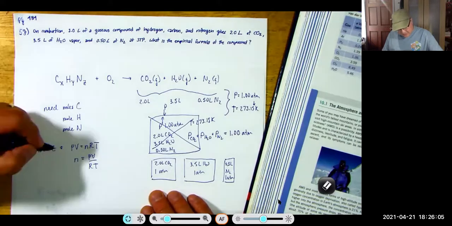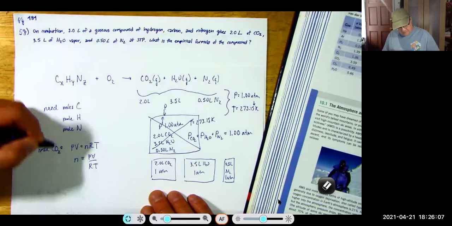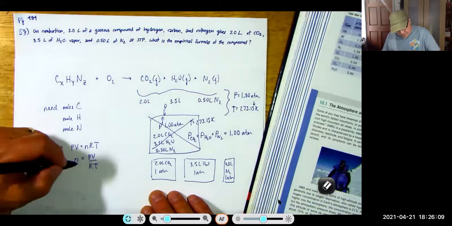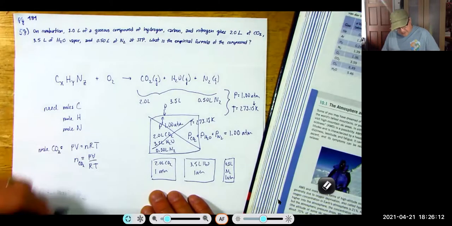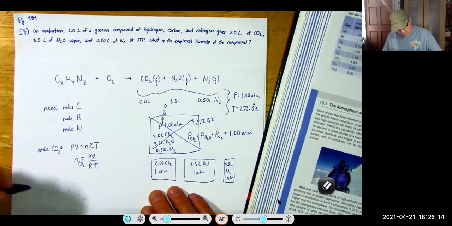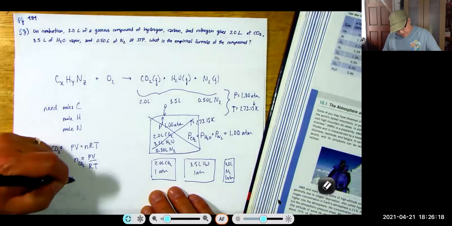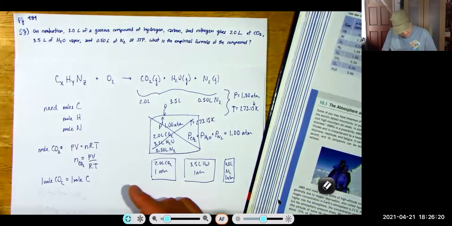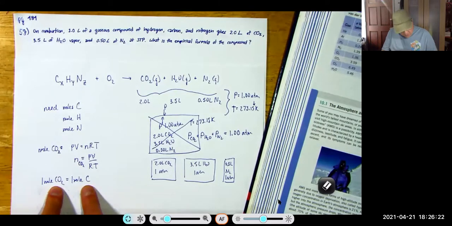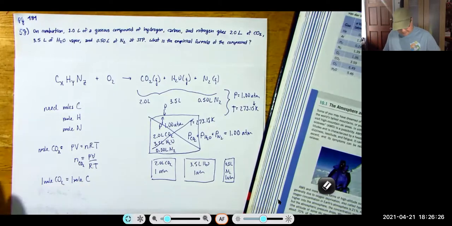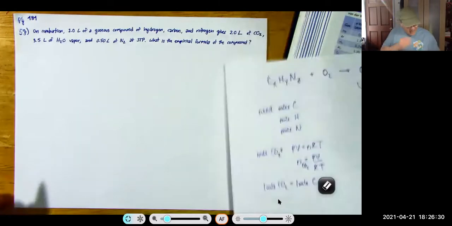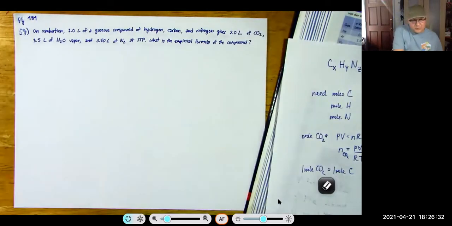We're actually going to get the moles of CO2, and 1 mole of CO2 is equal to 1 mole of carbon. Where do I get that from? From the actual formula. 1 mole of CO2 is also equal to 2 moles of oxygen. So with that in mind, let's calculate the moles of carbon.